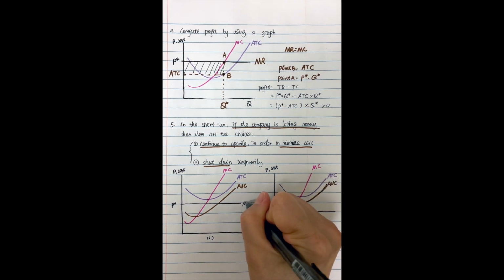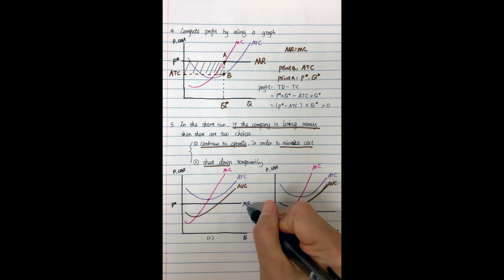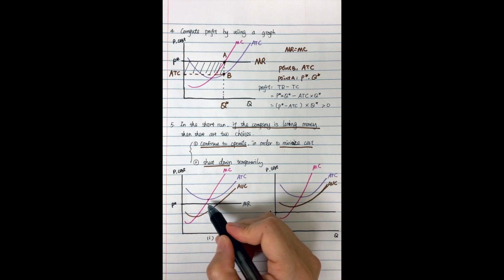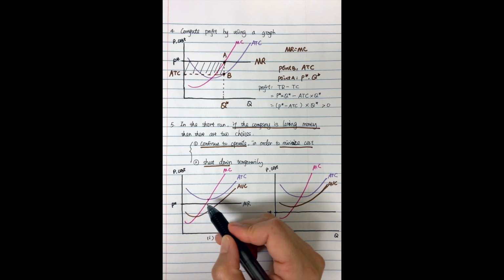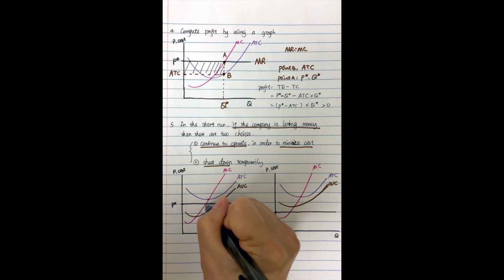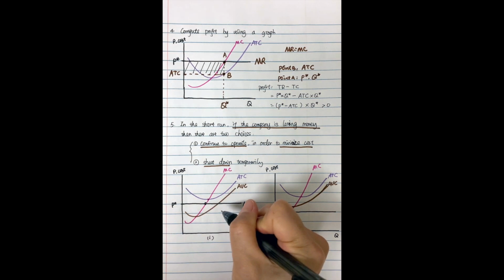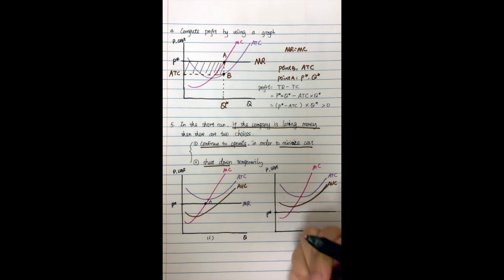So I can also mark marginal revenue here. And then according to our profit maximization rule, we should satisfy marginal revenue equal to marginal cost, right? So this pink curve here represents our marginal cost. So we can find out the point, this point A, okay? I will still write it down, the point A.